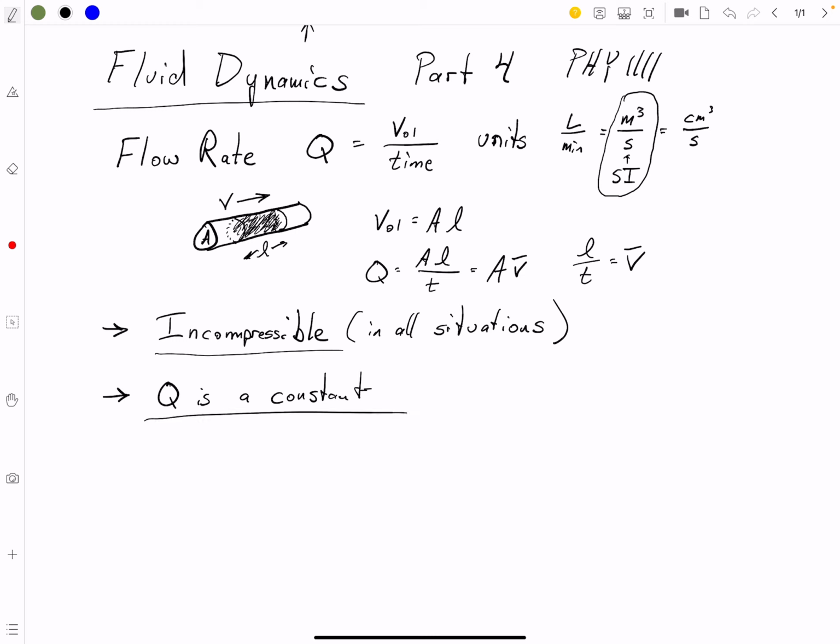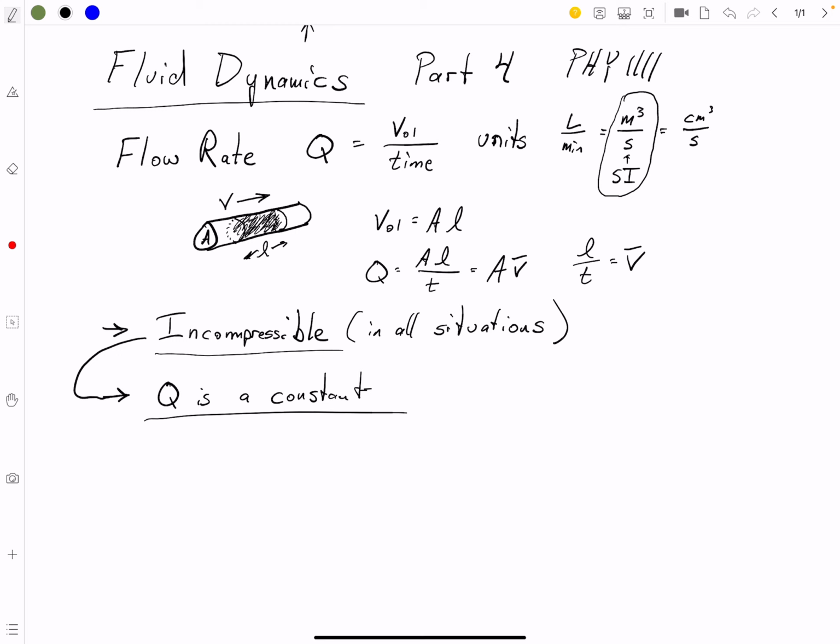And that's what we want. So this gives us this. So on a test, somebody might say, we consider all of our fluids to be incompressible. Why? It's so that Q is a constant. All right, so nothing is incompressible. I just want you guys to know that.